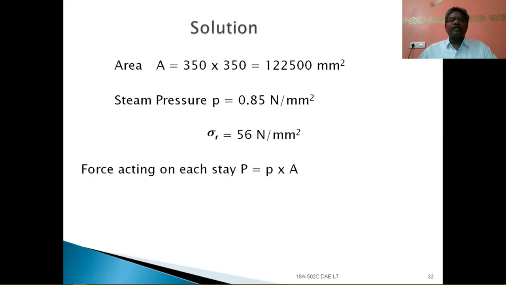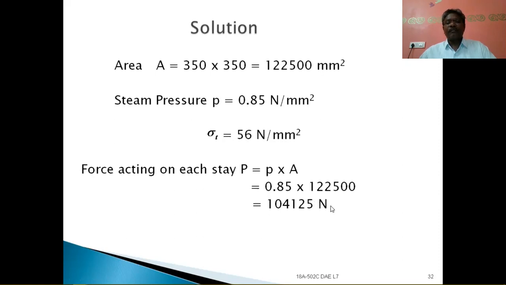Let us have the force acting on each stay, P is equal to steam pressure into area supported by the boiler stay. With this you can get your load, that means force acting on each stay.